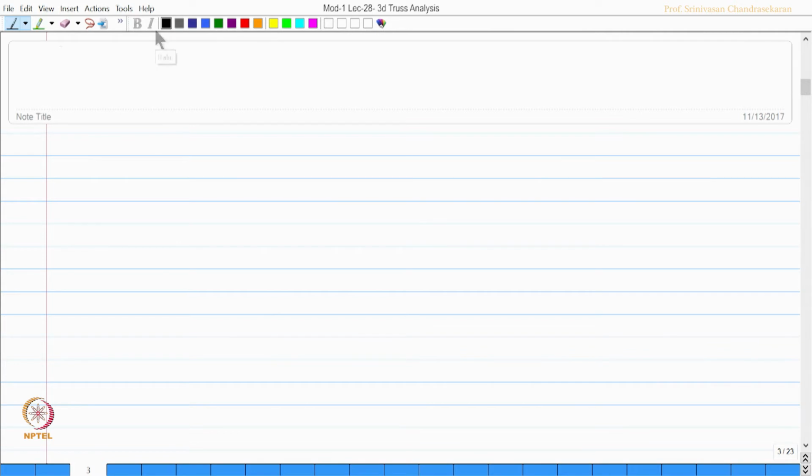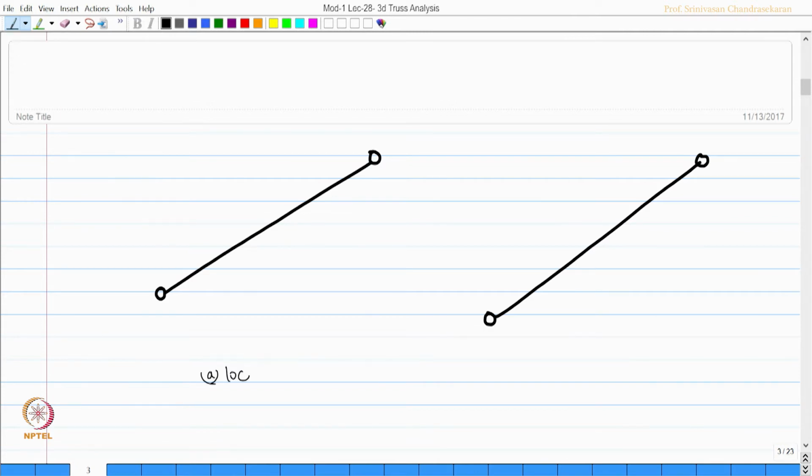Let us draw a typical truss member arbitrarily oriented with hinges at both the ends. So, one is local, the other is global. I call this a reference axis system.